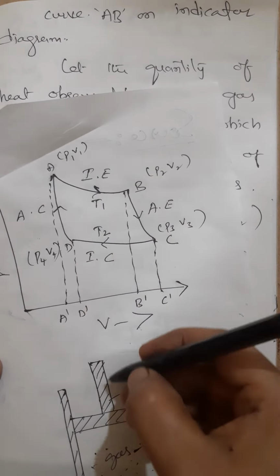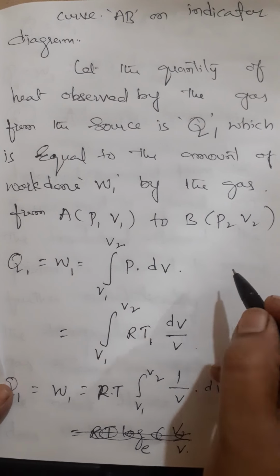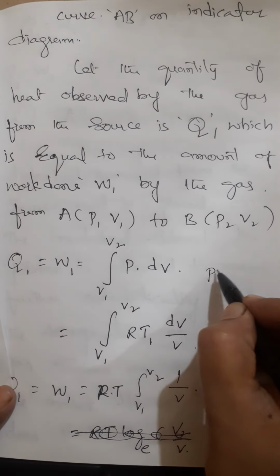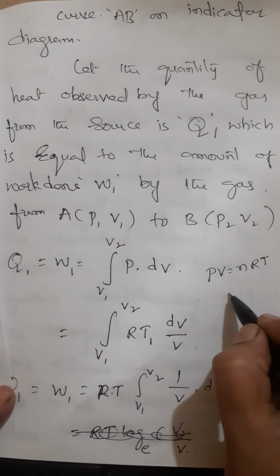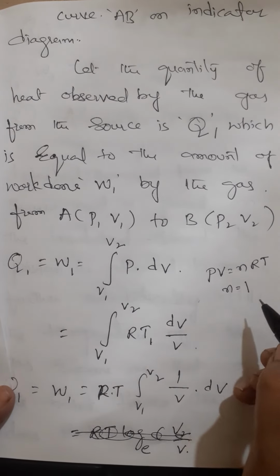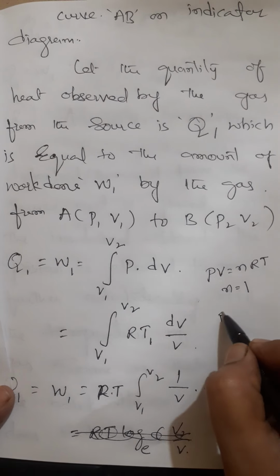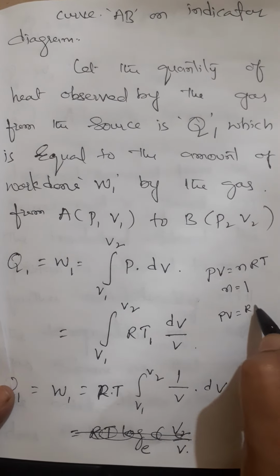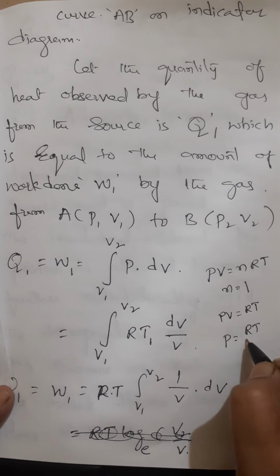Now, PV equals nRT, or for one mole of an ideal gas PV equals RT, or P equals RT by V.